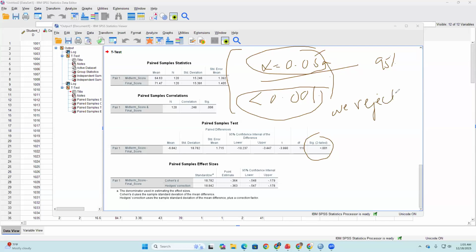Our hypothesis was that there is no significant difference between the score of midterm and final term after going through the tutoring program. We will reject the null hypothesis. It means the tutoring program has some impact, right?